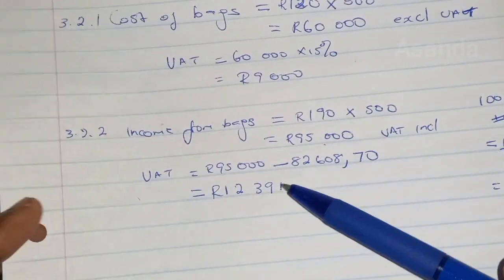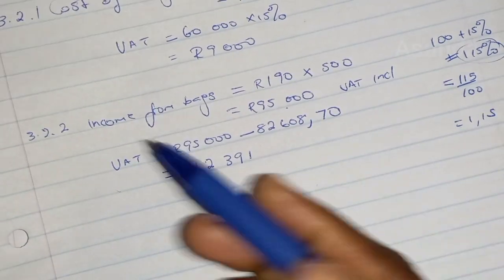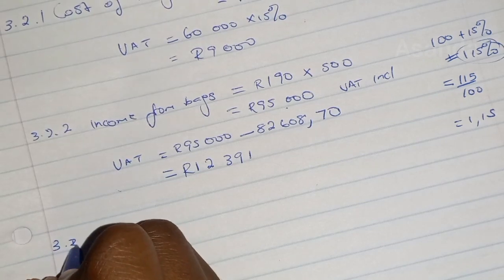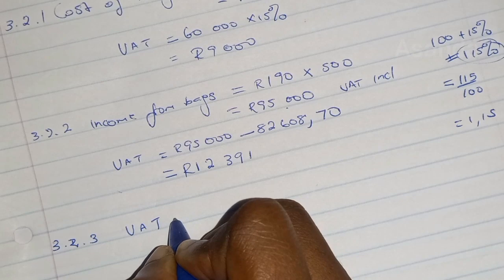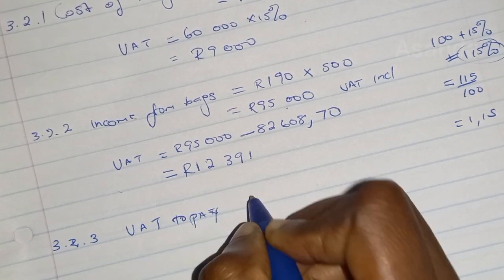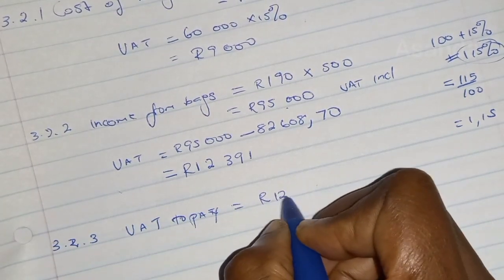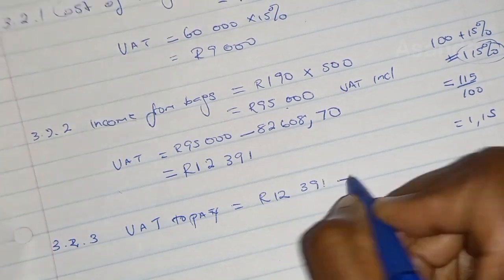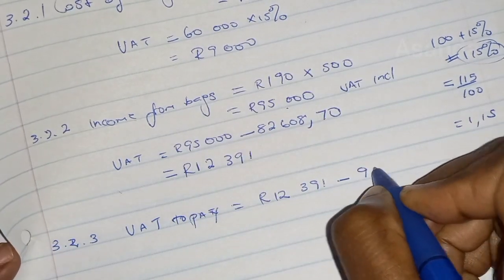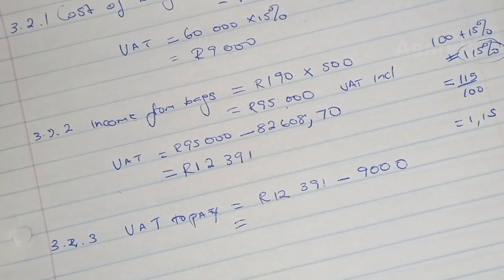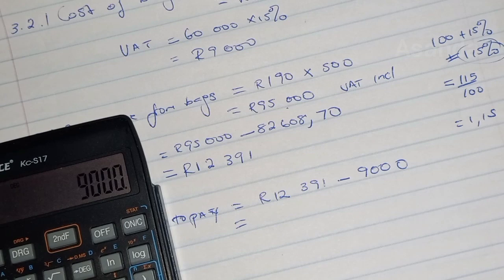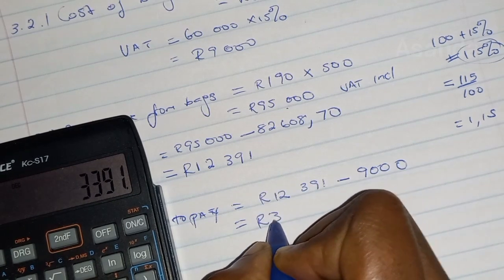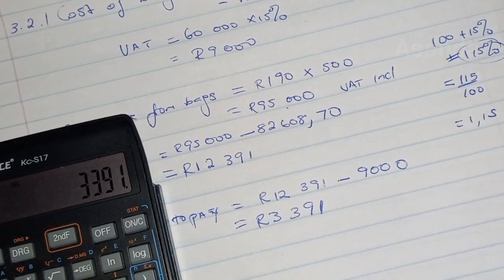So the VAT from her own customers is 12,391. So the VAT that she's going to pay is equal to the VAT from customers, which is 12,391, minus the VAT that is paid by the factory, which is 9,000, and she's going to pay 3,391 rand to SARS.